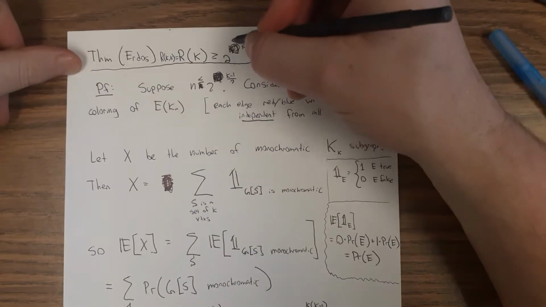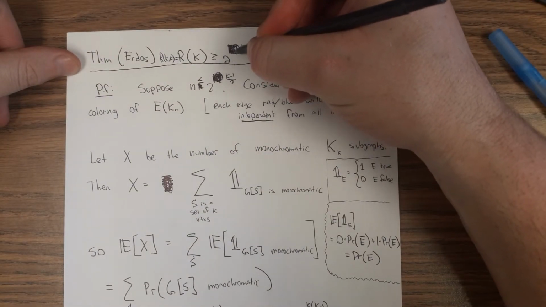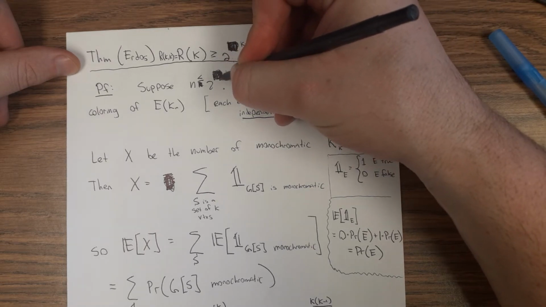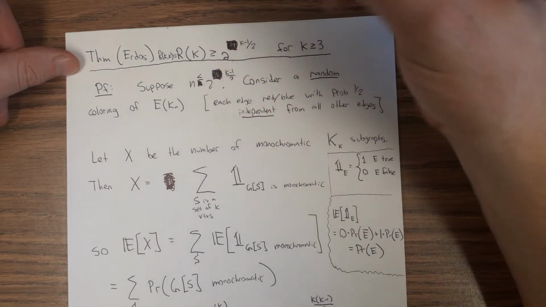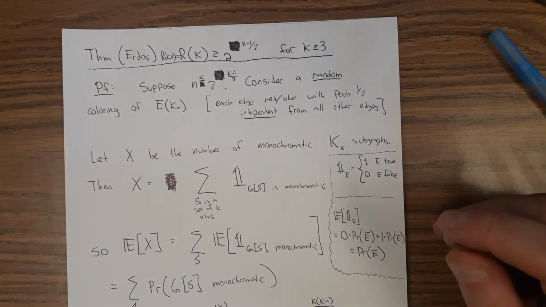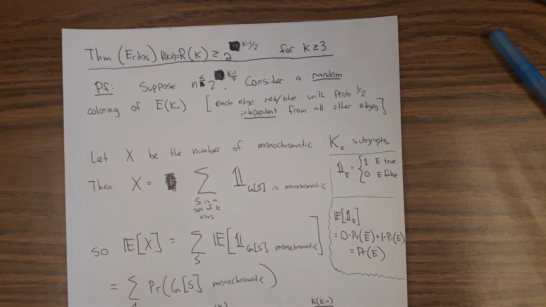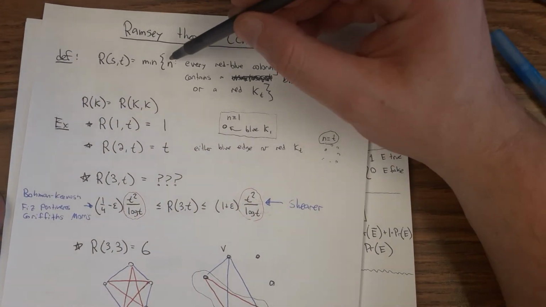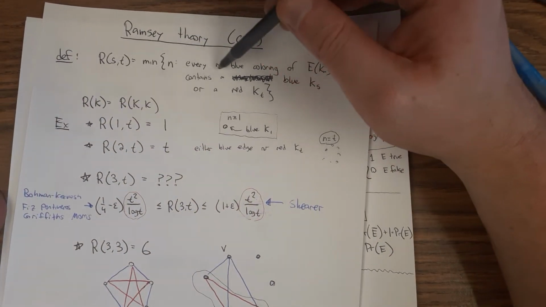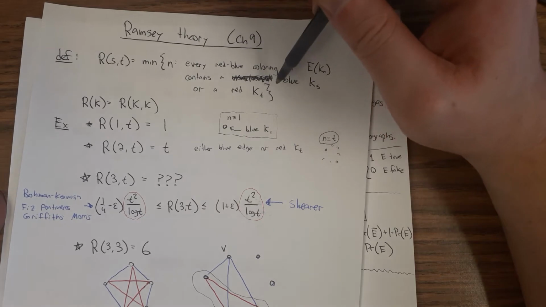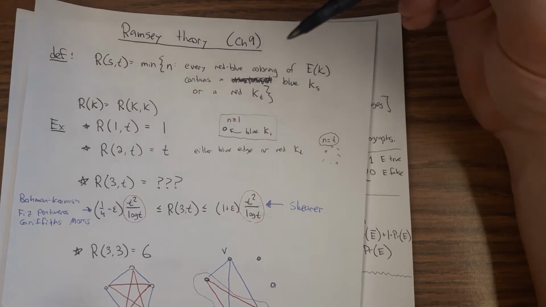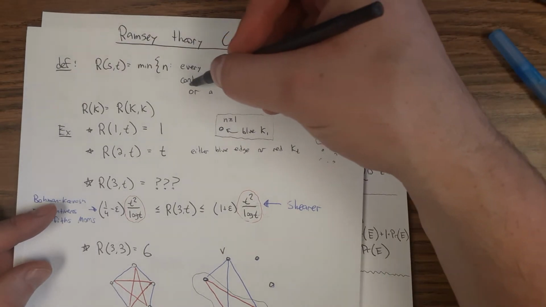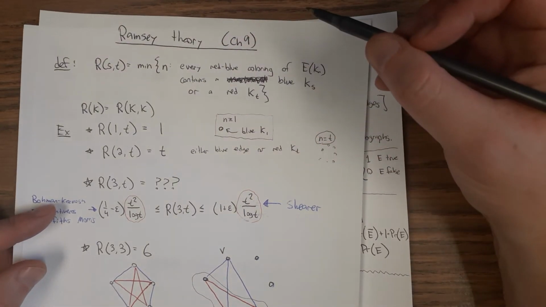Again, sorry for all the scribbles, but what do we have to do for this? We have to show, once again, a lower bound on a Ramsey number. So I have to show that for some value of n, it does not have this property. The way Ramsey numbers work is some values of n have this property and some don't.